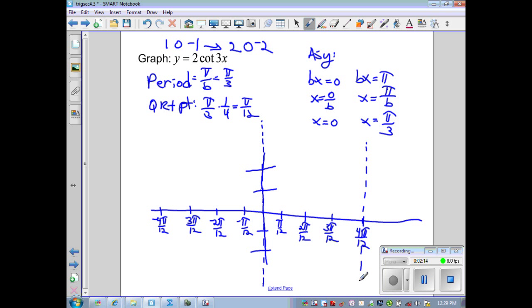And now I have my special 3 points on the interior of my asymptote. And we start with 2, 0, and then -2.